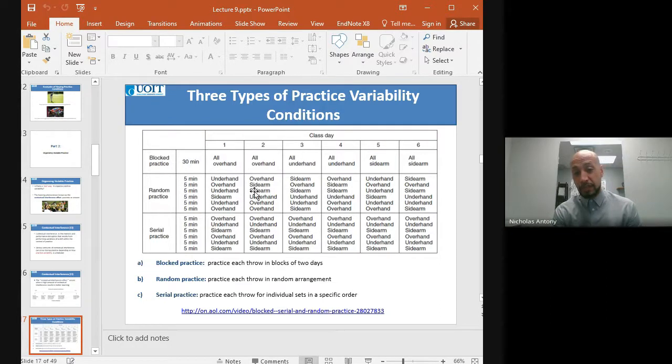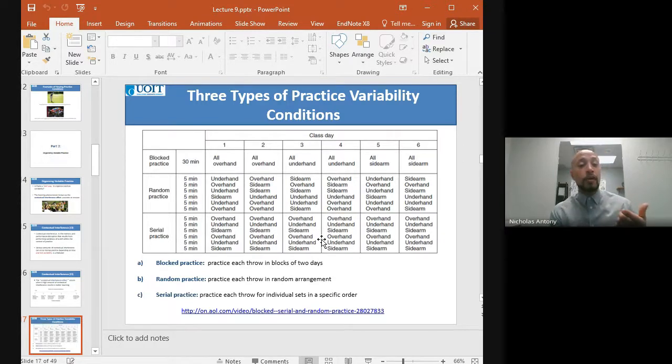Because it looks similar to this. It's not time in your practice for ultimate frisbee, it is number of throws, basic 2 and then hit. Okay, so the first 2 would be more serial practice, and then the next would be random.